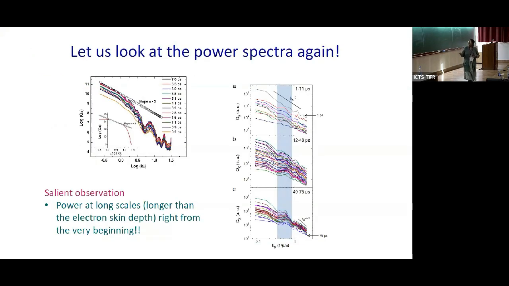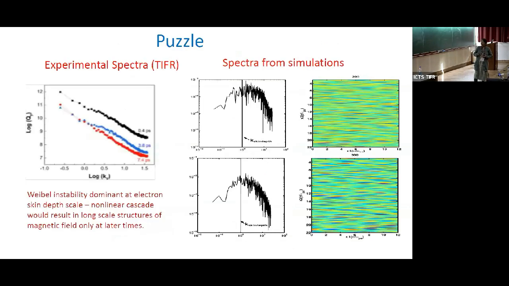Now let's look at the power spectra again. The power spectra is high at long scales right from the very beginning, every plot that you show. But if we rely on the instabilities like Weibel, filamentation, etc., then the instabilities pump power at electron skin depth.